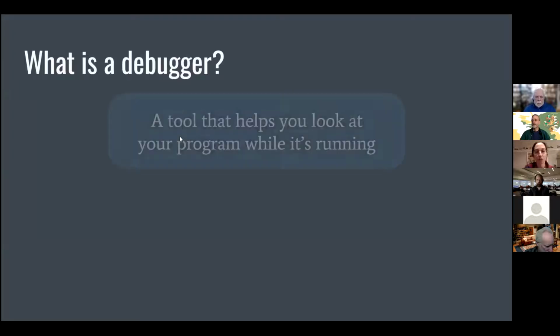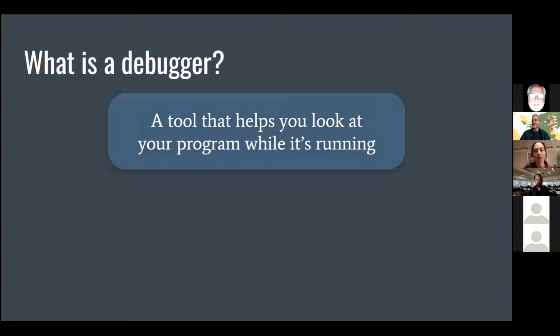In its simplest form, a debugger is a tool that helps you look at your program while it's running. So it introduces this concept of stopping your program in its tracks and letting you look around at it in its intermediate state, after it's started but before it's finished. And so you can poke at the internals of your program, which is new and interesting.